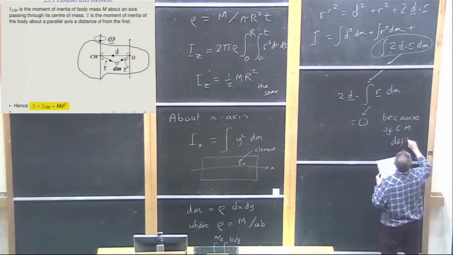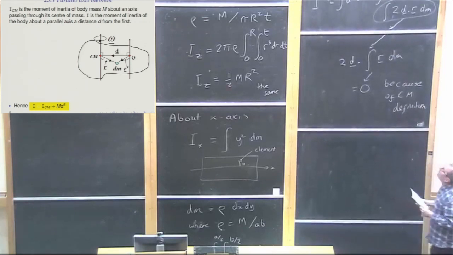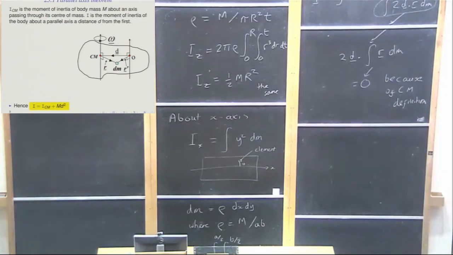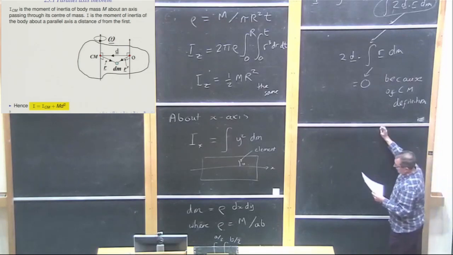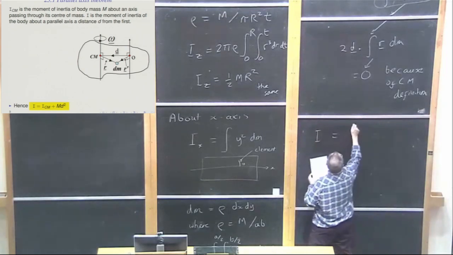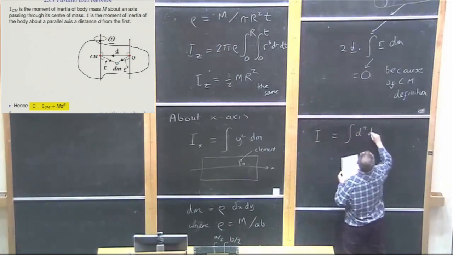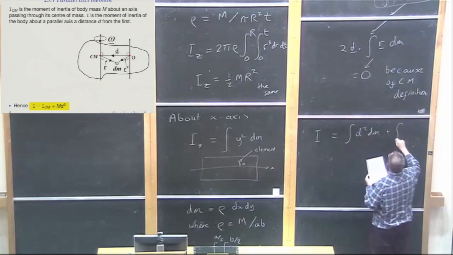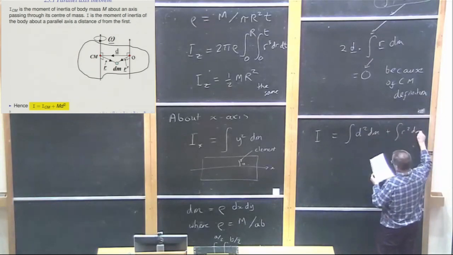because of the definition of the centre of mass. The centre of mass is what it says, it's the centre of mass. So the integral of r dm must be equal to 0. This is something we already made use of several times. So we're left with that I is the integral of d squared dm plus the integral of r squared dm.